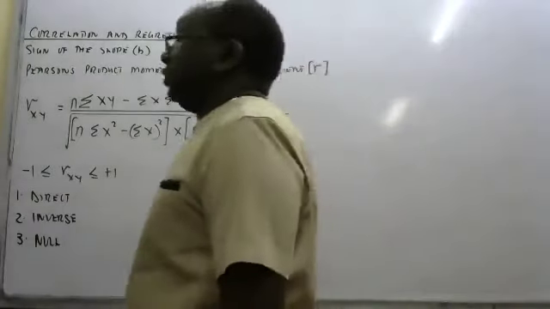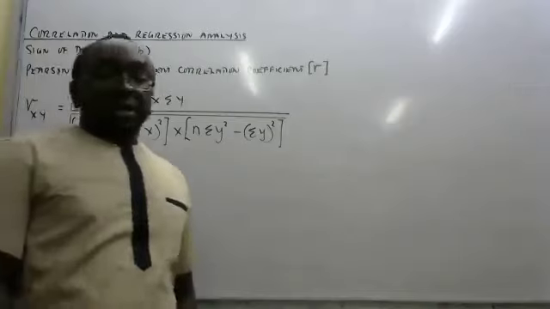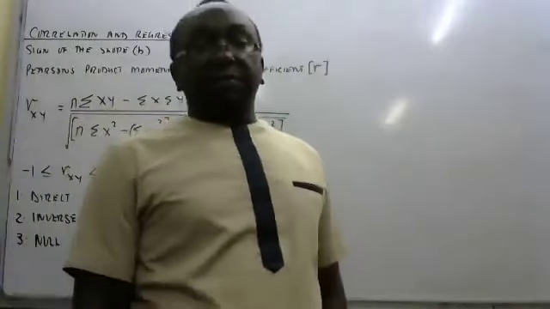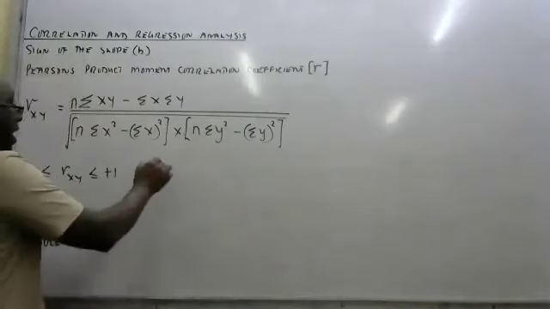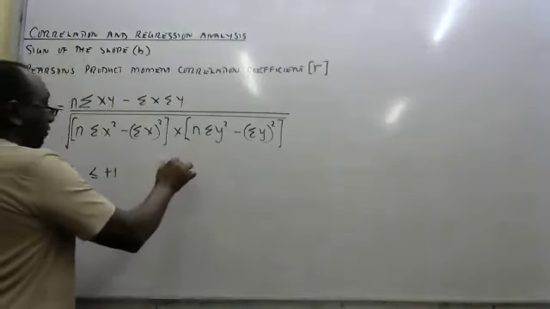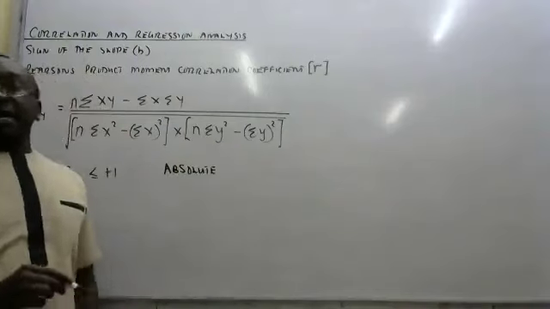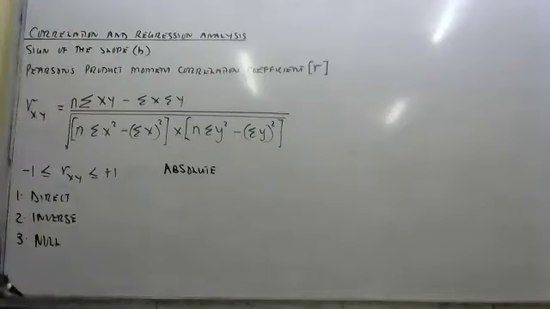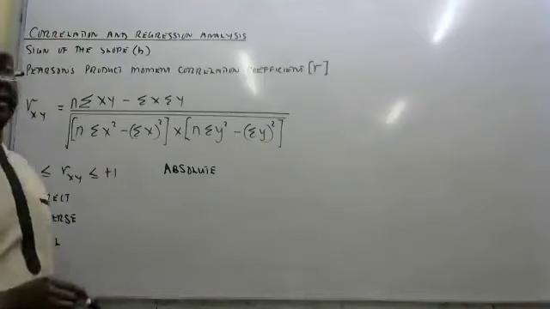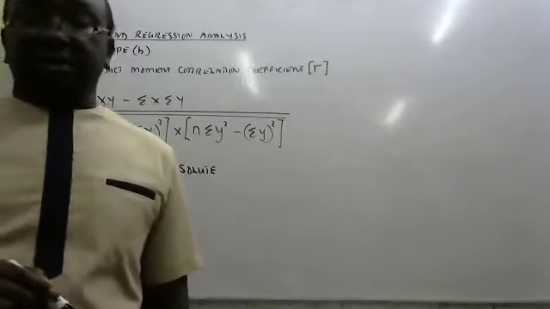Then the other thing that you need to write there is this. The strength of the relationship is represented by the absolute value of the correlation coefficient.